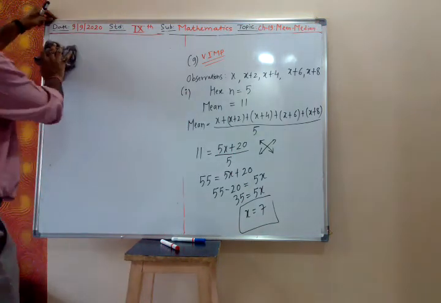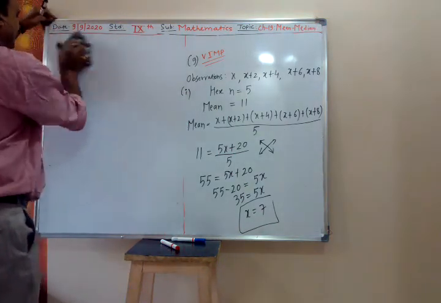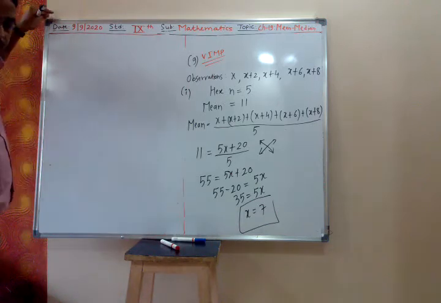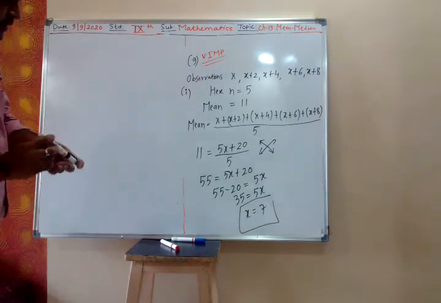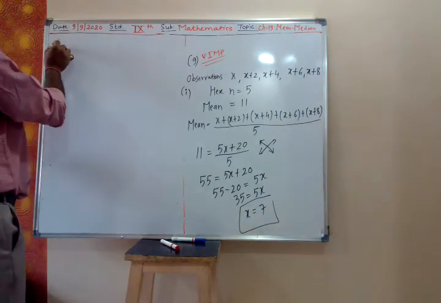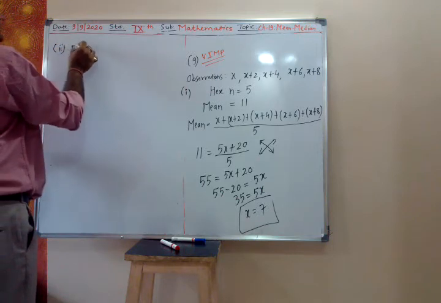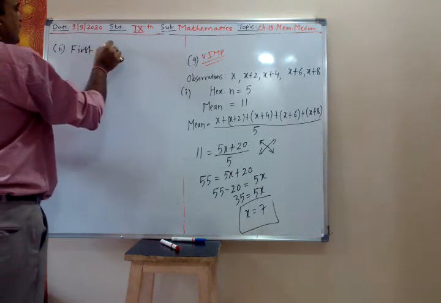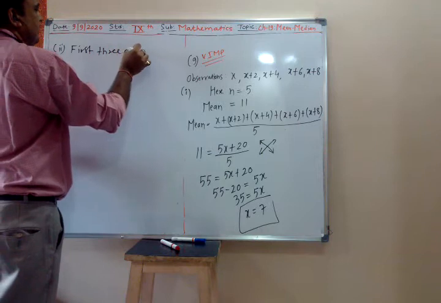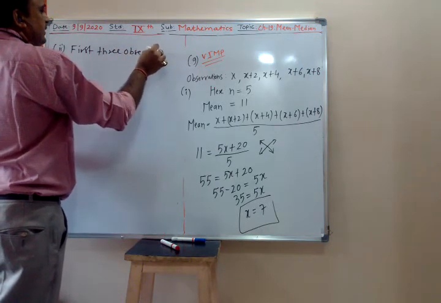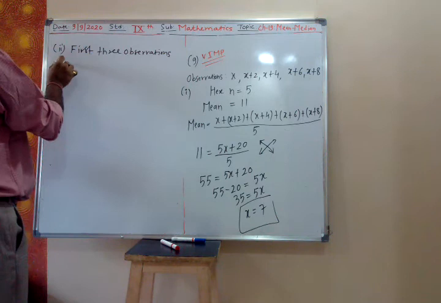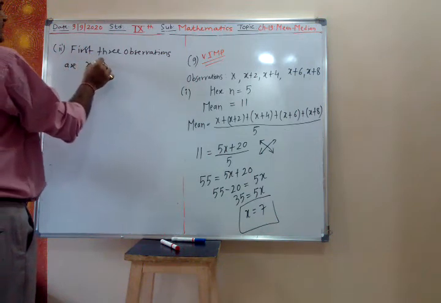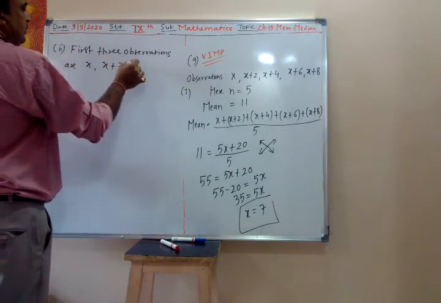The first three observations are x, x plus 2, x plus 4.